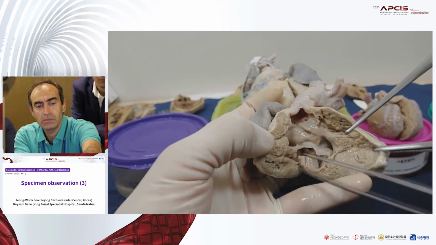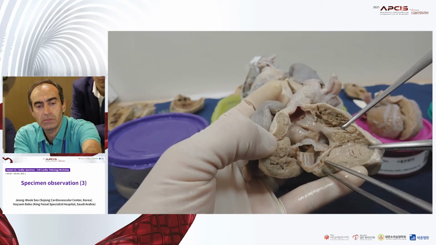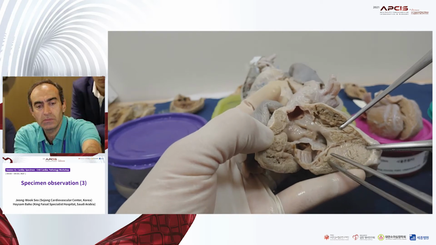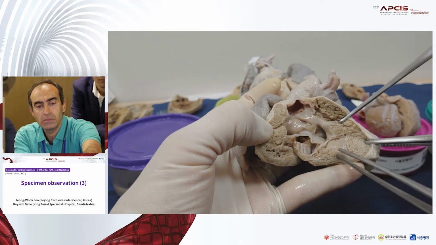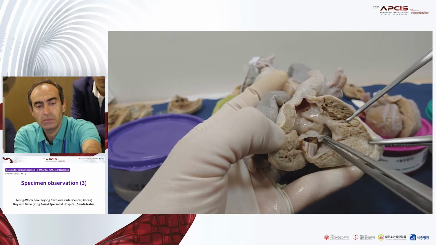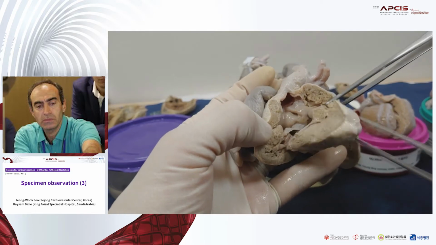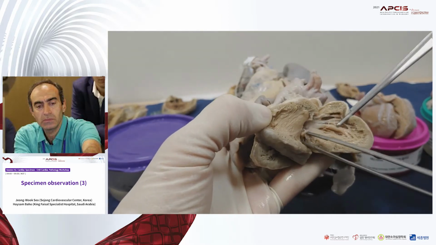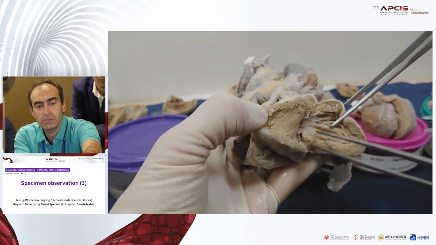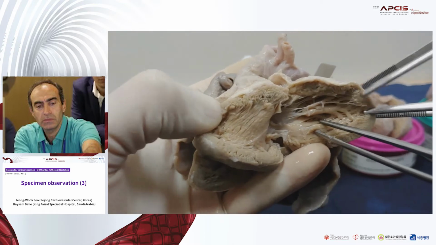Now, the interesting thing in this case is this tricuspid valve. So look at this leaflet. The septal leaflet of the tricuspid valve is not attached. You don't see attachment to the right ventricular side. This is the septal leaflet. See how it's straddling the ventricular septal defect and having attachments through the defect into the left ventricle, as a matter of fact, to the free wall of the left ventricle right there.